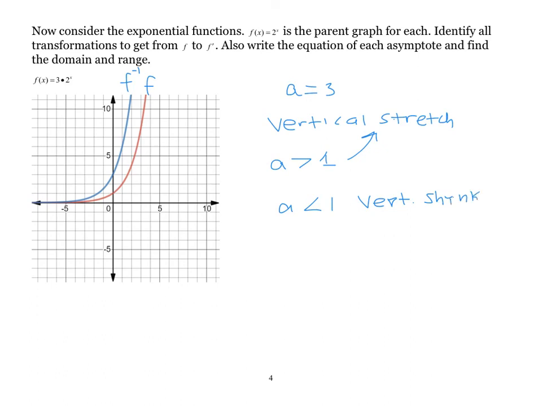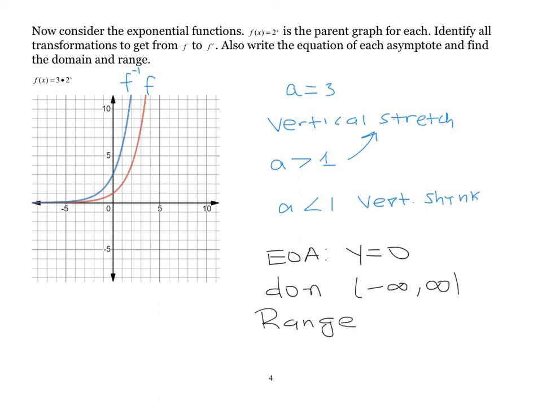The one we have here is just a vertical stretch. The equation of the asymptote is just y = 0. The domain is negative infinity to positive infinity. And again, the range given by the value of k is going to be from k to infinity, specifically from 0 to positive infinity.